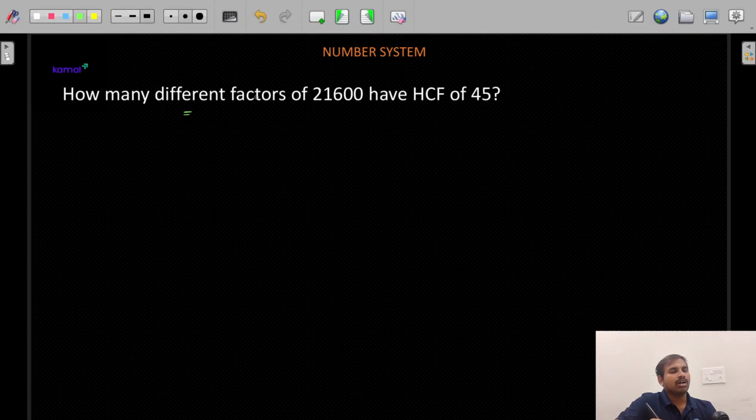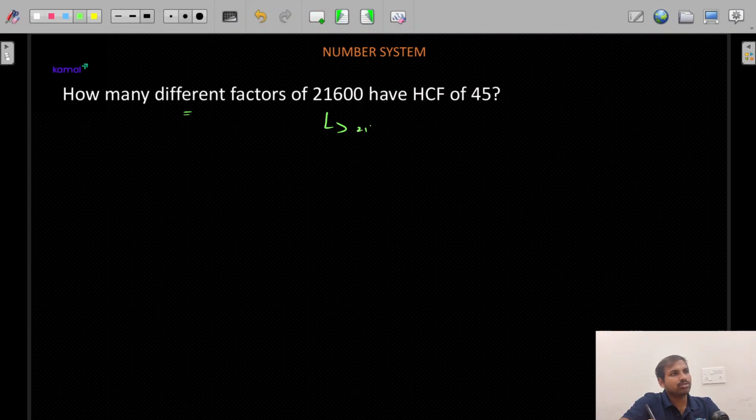Sometimes if they don't mention whether the highest common factor of two factors should be one or three factors should be one, it is implied that we are talking about only two factors. If it is more than two factors, they will specifically mention how many ways I can select three different numbers with the highest common factor as 1. If they are not mentioning, it is understood that they are talking about only two factors.